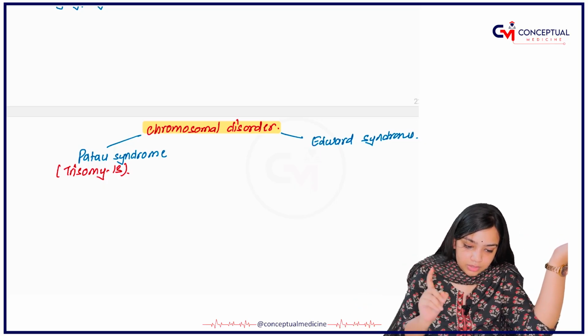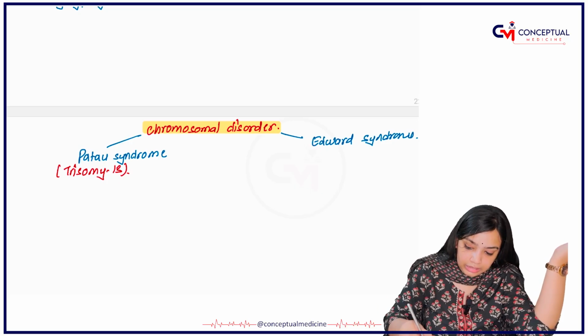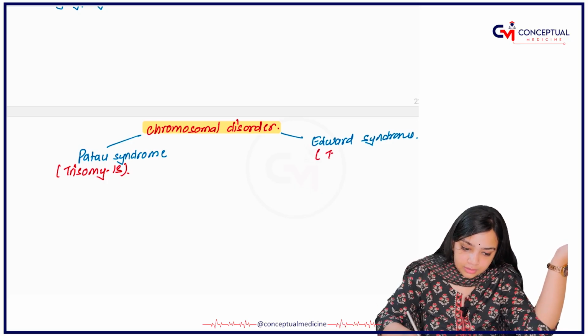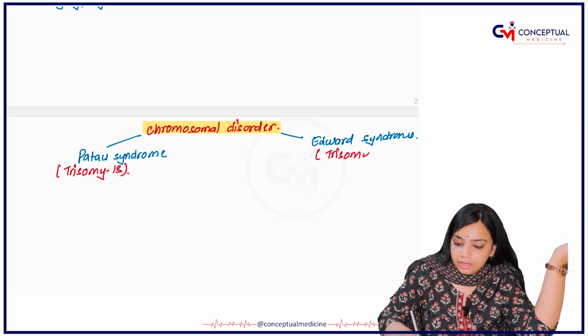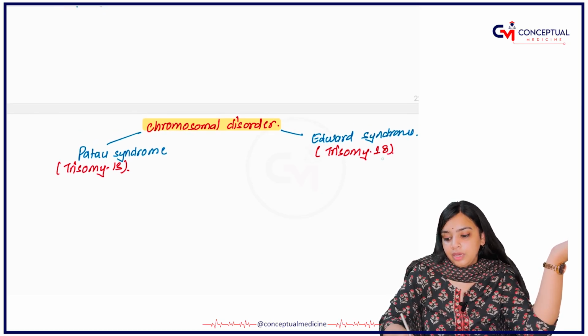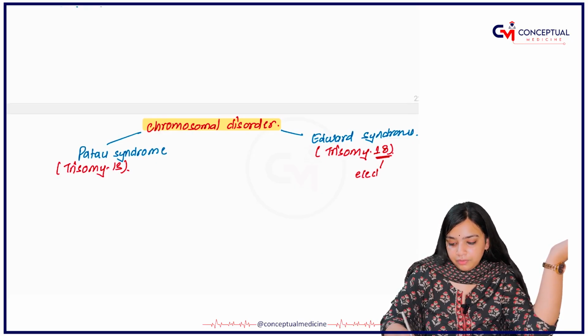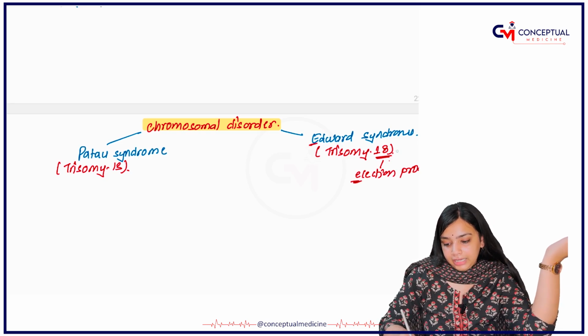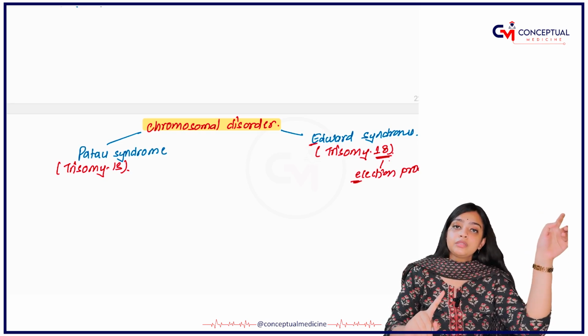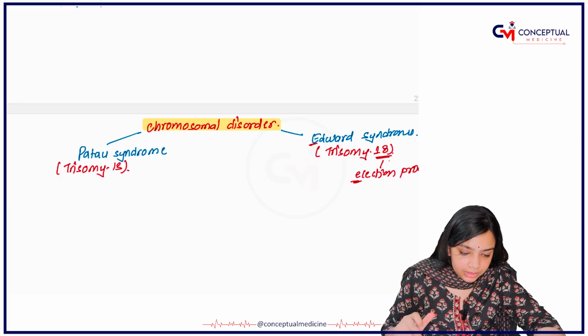So it is Patau syndrome, that is trisomy 13. And Edward syndrome is trisomy 18. You can remember this because when we are 18 years of age, we are able to give our votes. We are able to participate in the election process. So E for E, when we are 18, we are able to give votes, and that is the Edward syndrome.